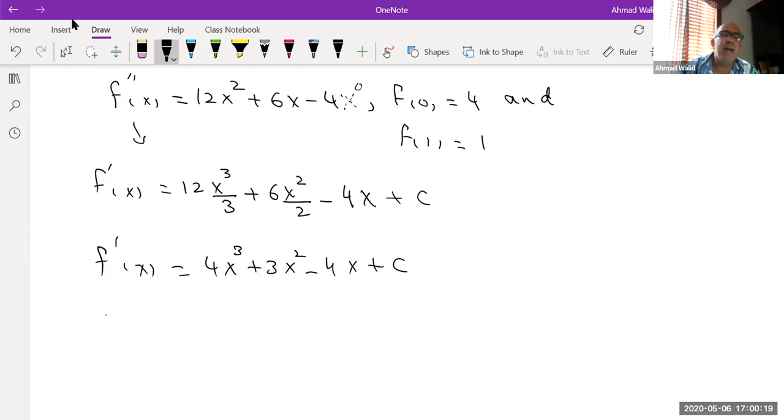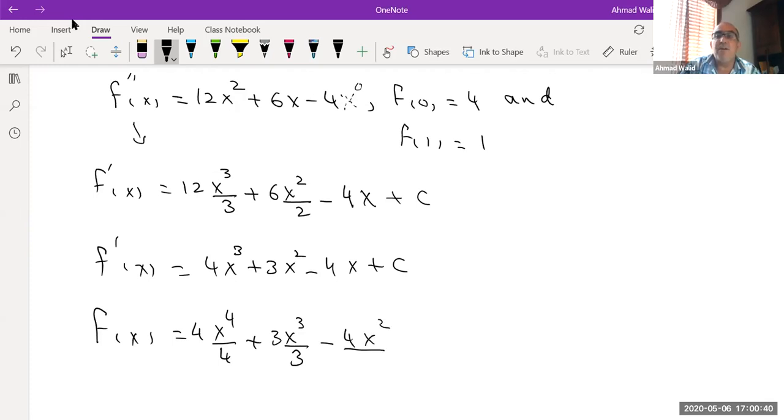Now let's go for f. F of x equals, again, antiderivative. 4x to the power of 4 over 4 plus 3x cubed over 3 minus 4x squared over 2 plus, what is the antiderivative of c?